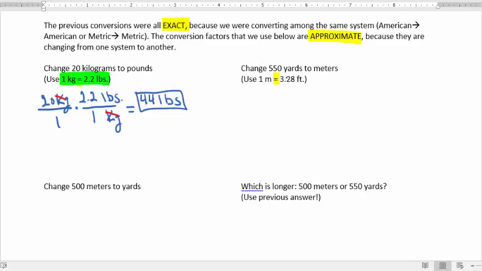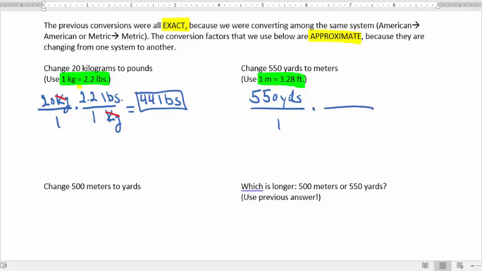And if we want to change 550 yards to meters, again, same thing. We're starting with 550 yards over 1. We're going to multiply this by a conversion factor, right, that we get from this conversion fact. 1 meter equals 3.28 feet. Oops, but here's the problem.